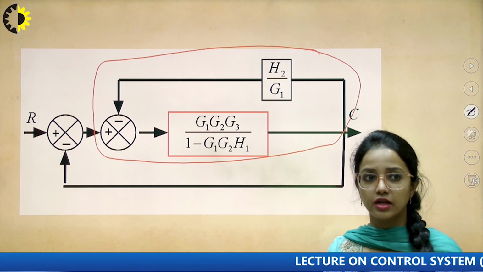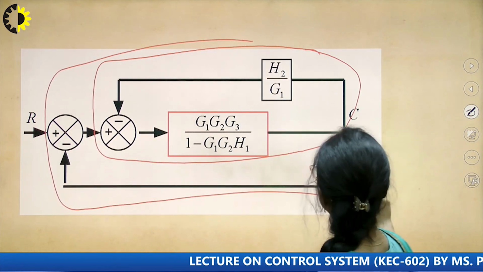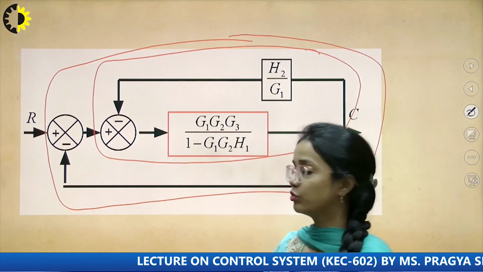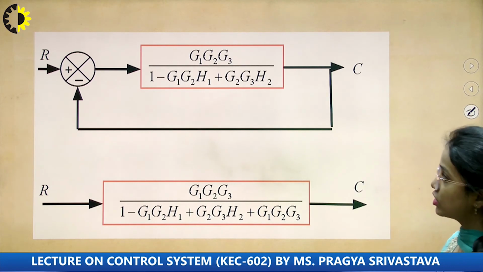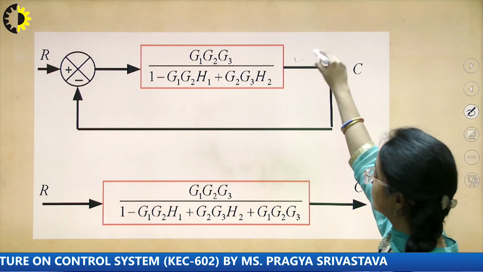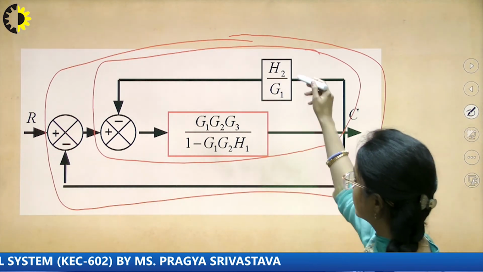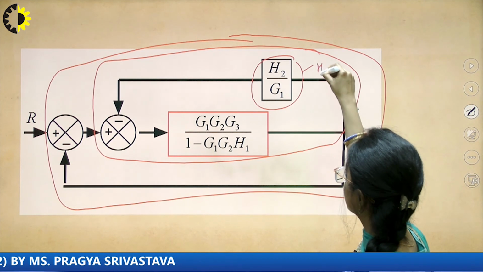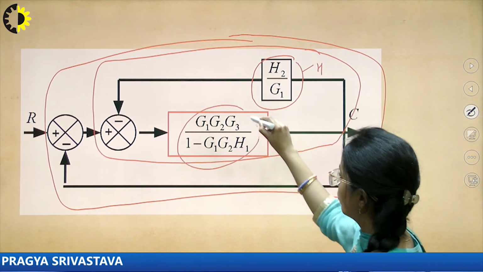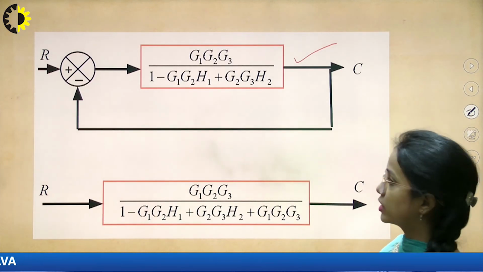The overall result will be again a case of negative feedback, loop 1 and loop 2. Solving the first loop, we have achieved this, as we have seen that this was the feedback gain considered as H, this was the feed forward gain considered as G. So this has been reduced to attain this.